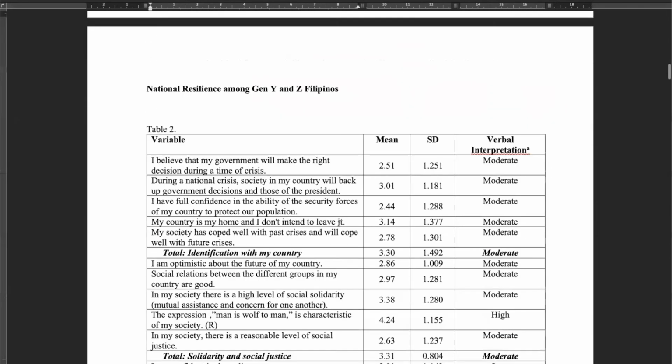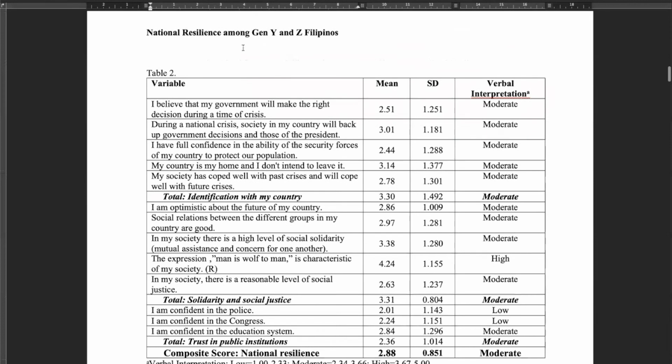So this one's a little bit trickier because you have here, no? Table 2, let's name it. This one is national resilience among respondents. And then we place again n equals 714, which is the total sample we've collected. So now let's explicitate what we see here.